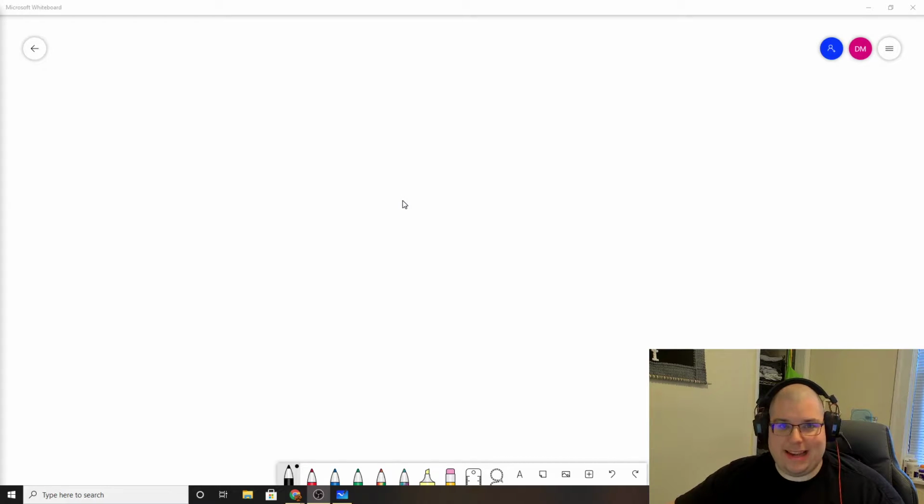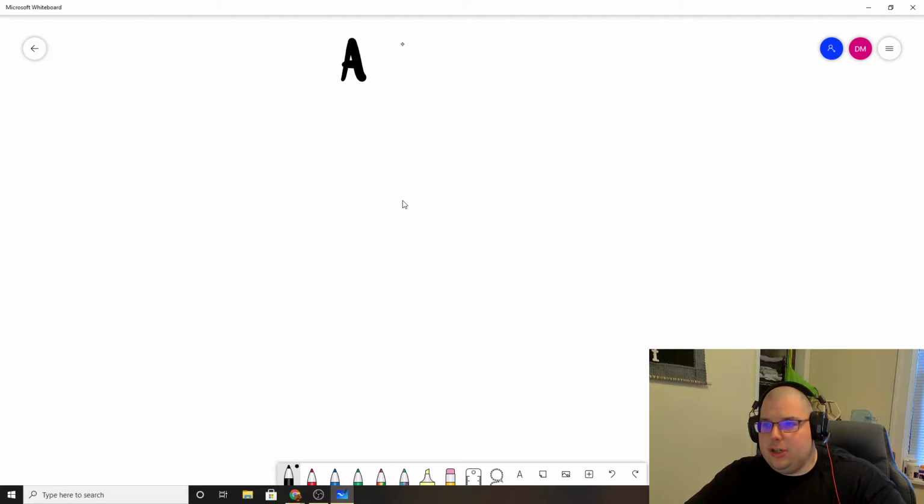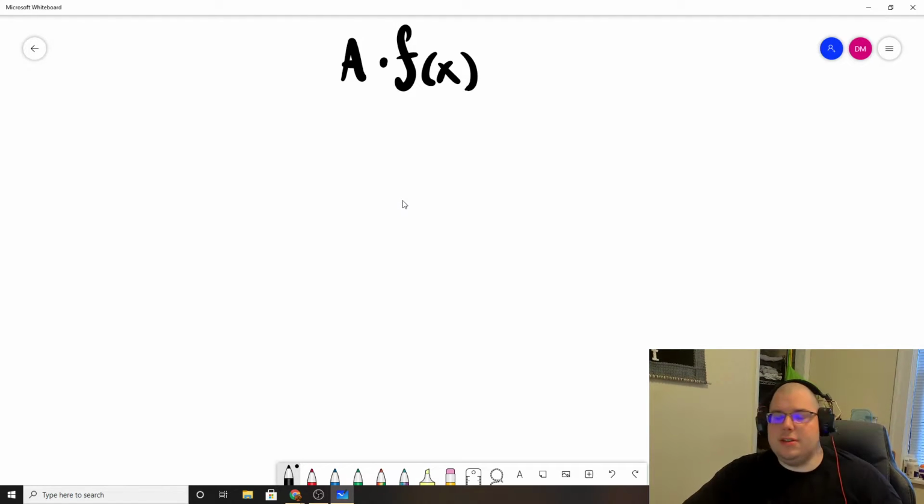Alright, welcome back. Today I want to talk about changing the height of a function, and I'm going to say height in air quotes. This is really going to boil down to vertically stretching or shrinking your polynomial or whatever graph you're working with. And to do this, you're just multiplying the function by some number a out in front.